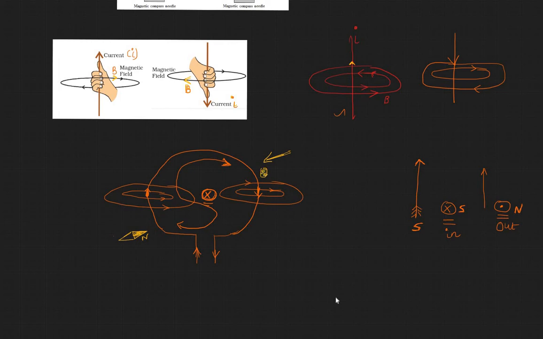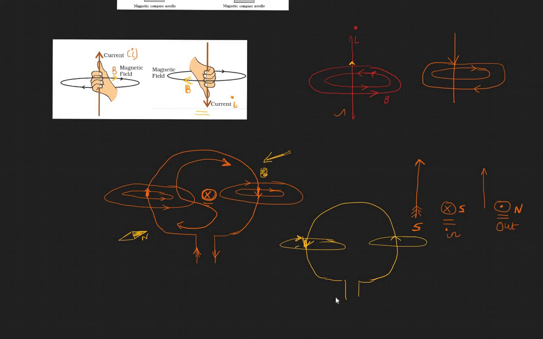So let's see what we see from the other side. When you look at it from the other side, you will see that this loop is carrying current such that it goes in like this, and here it's like that. If you draw the magnetic loops, you will find that the magnetic field is in this direction, which is given by your right hand rule. The current is going here, and then your magnetic field is like this.